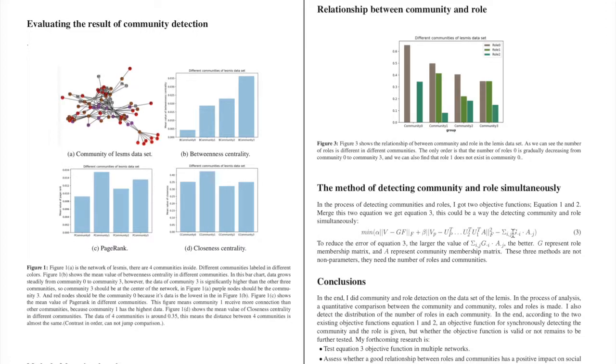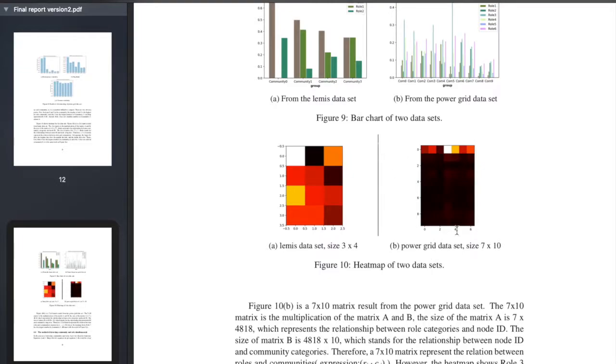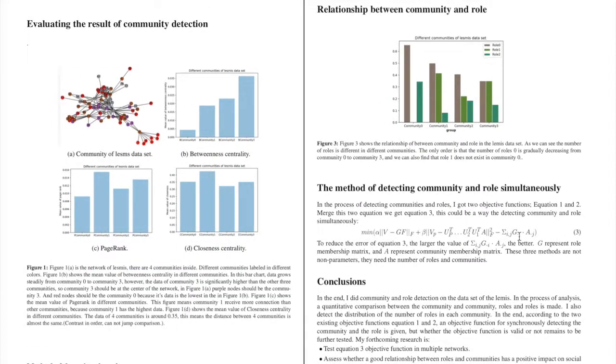Here is a matrix, a filter matrix of the relationship between role and community. In equation 3, in order to reduce the error, this figure should be higher. The higher the figure, the better the result.